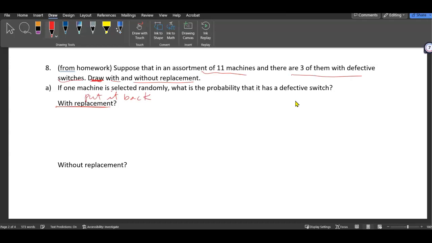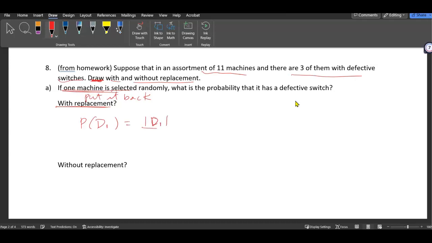And so if you are selecting one machine, this is a simple task. You don't have a given, you don't have multiple events, you don't have a compound event. So your defective one is just what? The element of the defective.